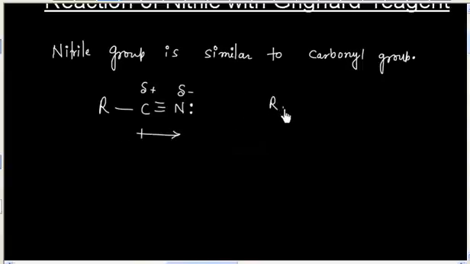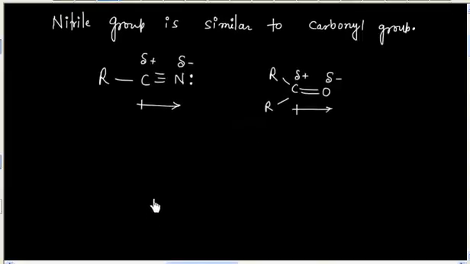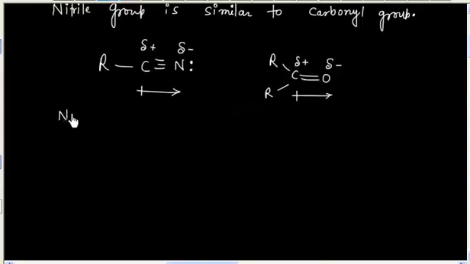Same thing with carbonyl group. Oxygen is more electronegative than carbon, so it will have negative charge and carbon will have positive charge. So there is a polarity. So we can say nitrile and carbonyl group both are polar.